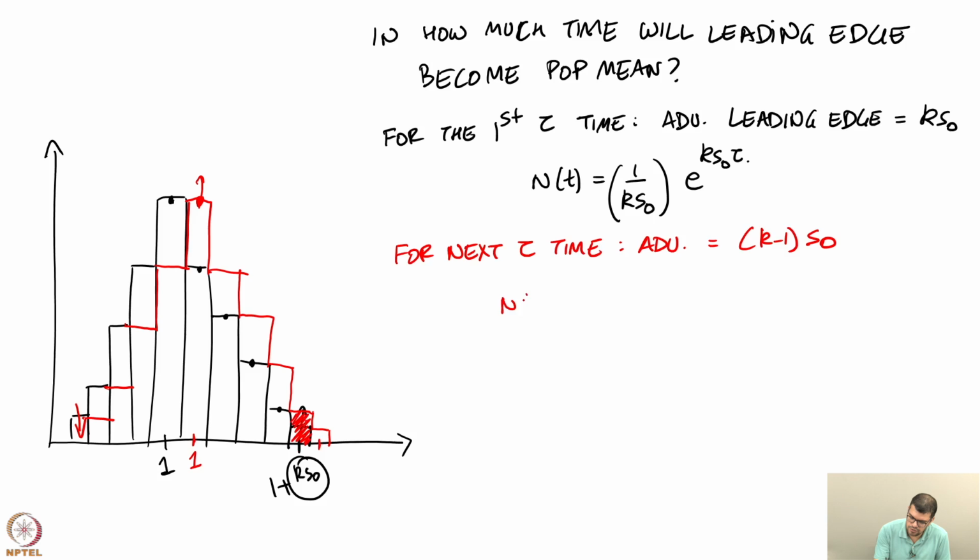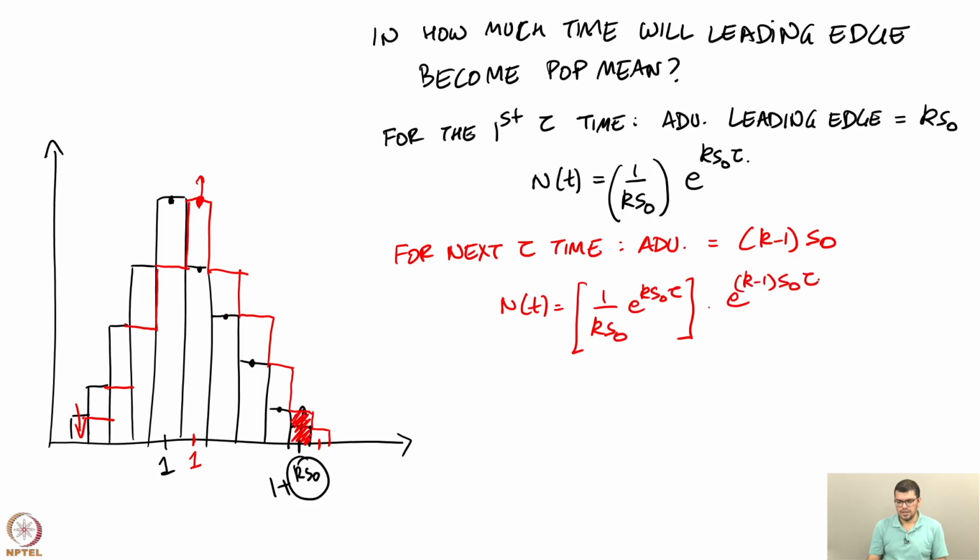Hence, its starting numbers were e to the power k S naught tau, which was from the previous time. Now, for the next tau time, it will grow as e to the power k minus 1 times S naught tau, and so on and so forth, it will keep on happening.